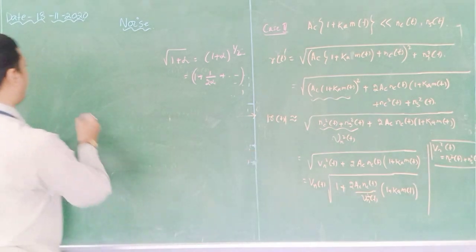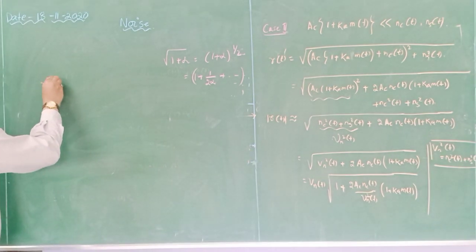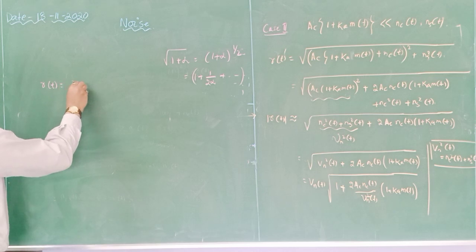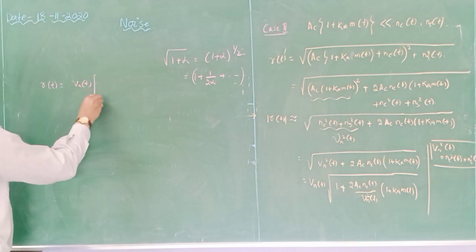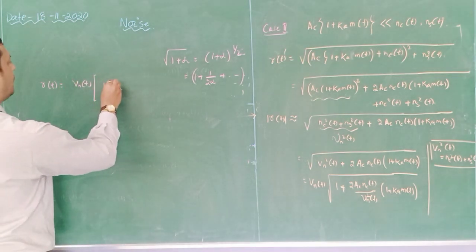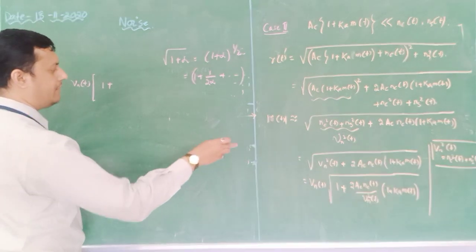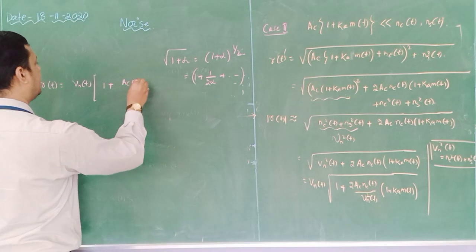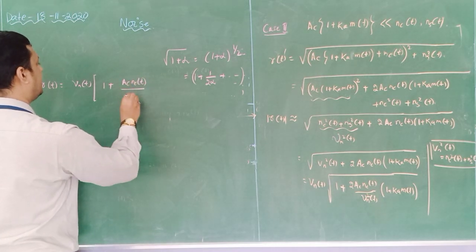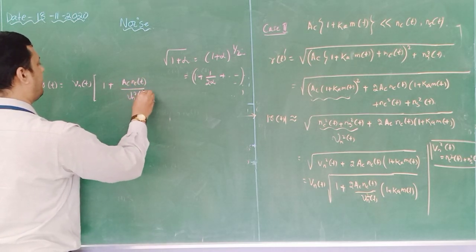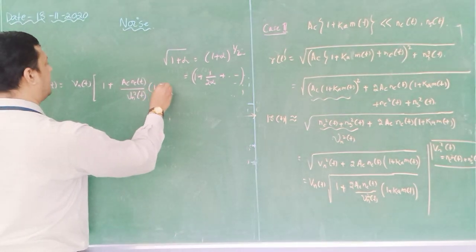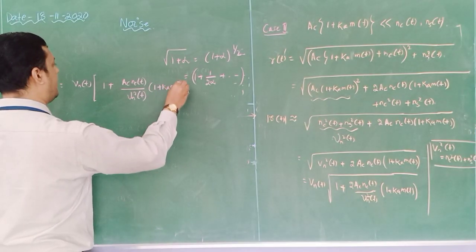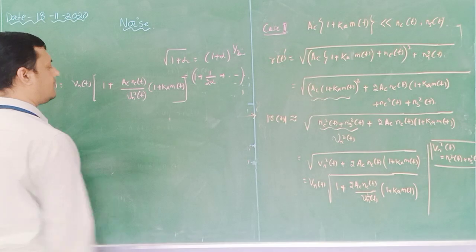Same thing I am using for R of t equals Vn of t whole into 1 plus, dividing the two components, AC NC of t upon Vn square of t (1 plus K_a m of t).